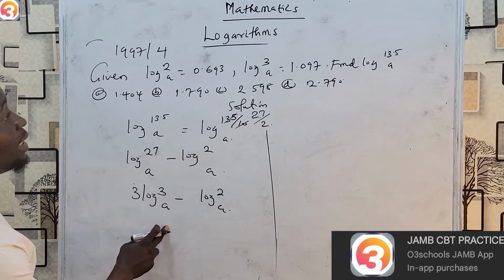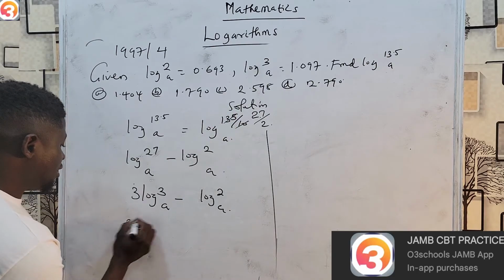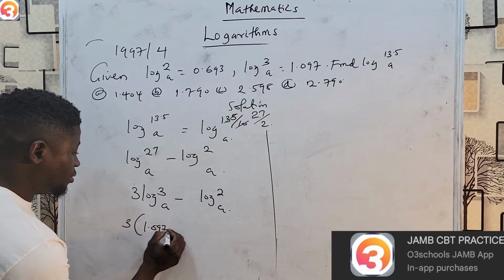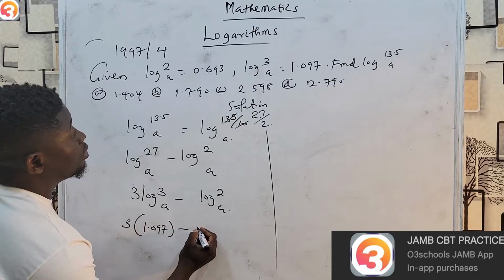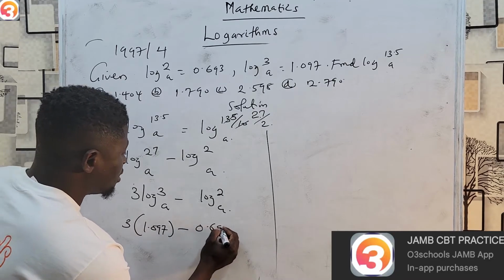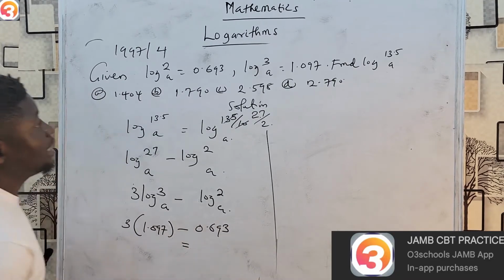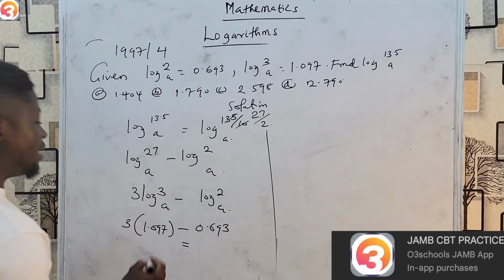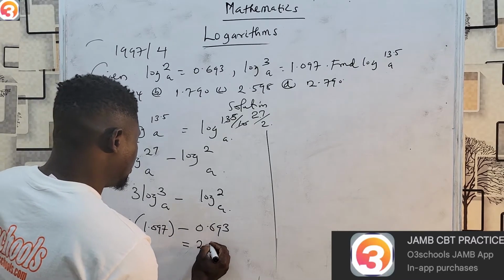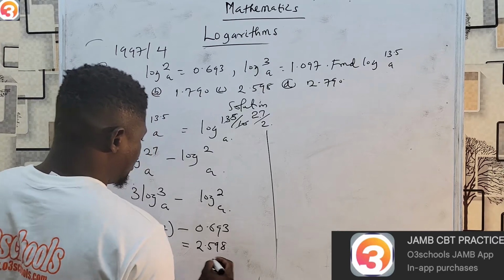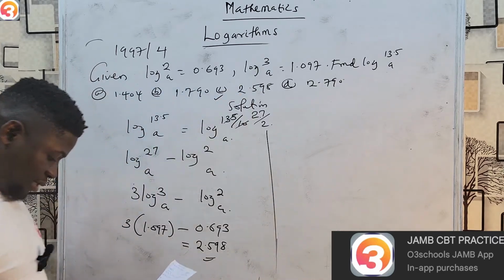What's log 3 base a? I'm going to have 3 into 1.097 minus log 2 base a, 0.693. To do that, the answer should be equal to 2.598. Right? That's your option C.